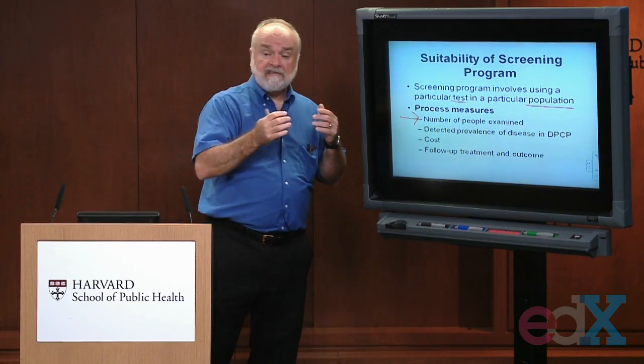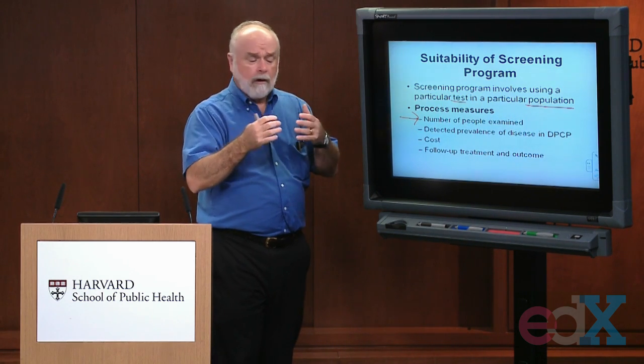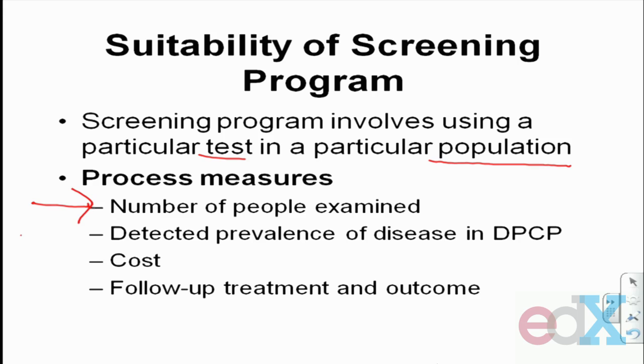What's another process measure that says this program has some merit? One thing to look at is how many cases of breast cancer are detected in the preclinical phase. How many of these women who come to my screening center to have mammograms actually have a test that labels them as likely to have a disease and later turn out to have the disease before the symptoms developed?